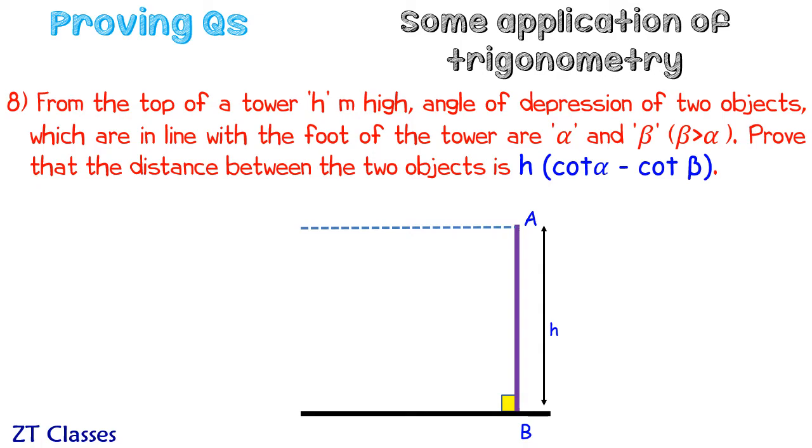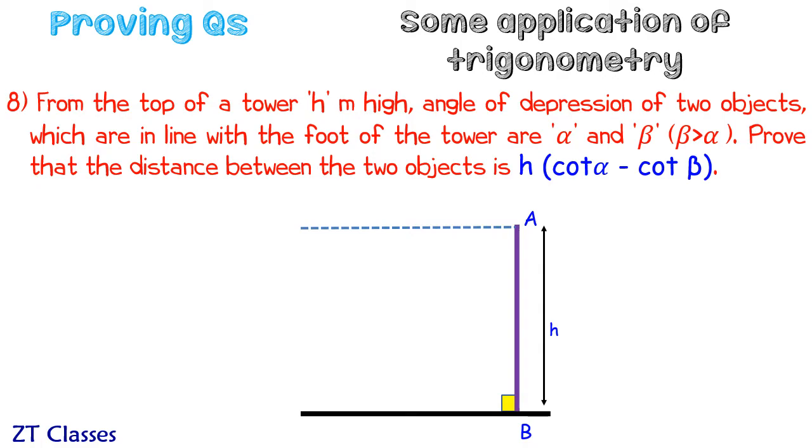From here he is observing two objects which are in line with the foot of the tower. So those objects are on the ground and their angle of depression is alpha and beta degrees, where beta is more than alpha. So if beta is more than alpha, that means the observer with beta depression is standing closer to the tower.